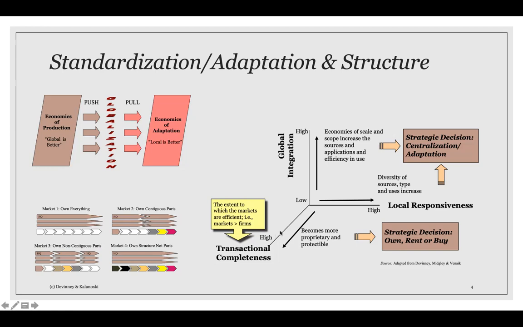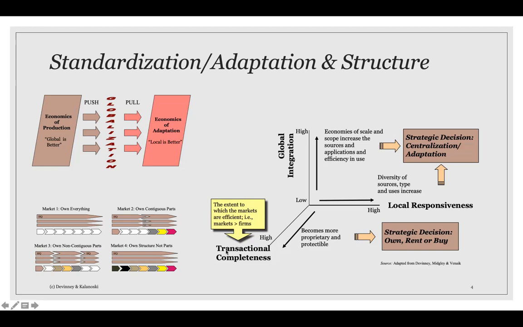But ultimately, there's a disintermediation effect, and that is, well, all right, how do I organize around these types of things? In a lot of the early Bartlett-Ghoshal work, they talked about global integration and local responsiveness. It turns out that is actually not enough to make a decision around strategy and structure.